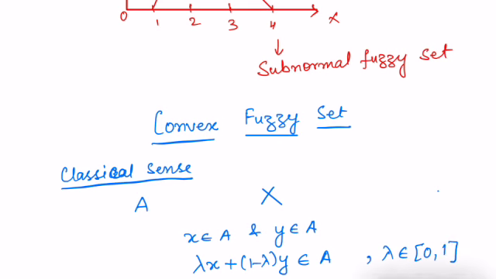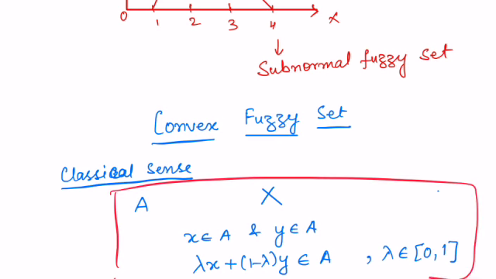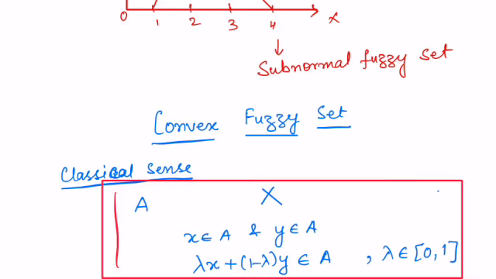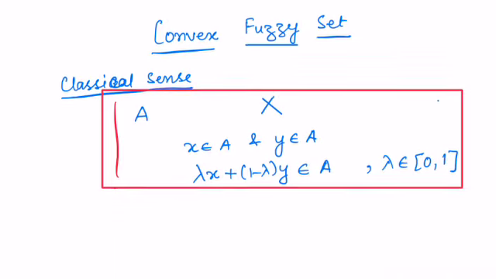So this is the formal definition of a convex set in the classical sense.